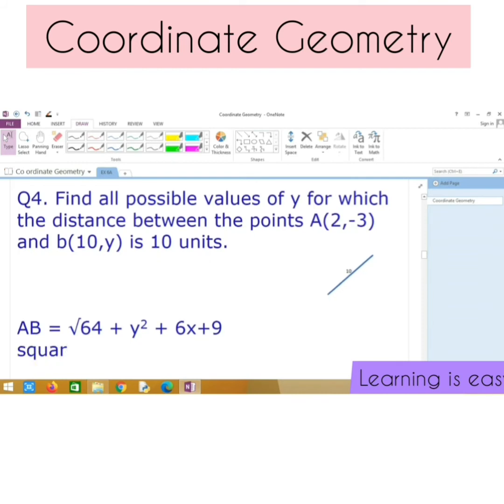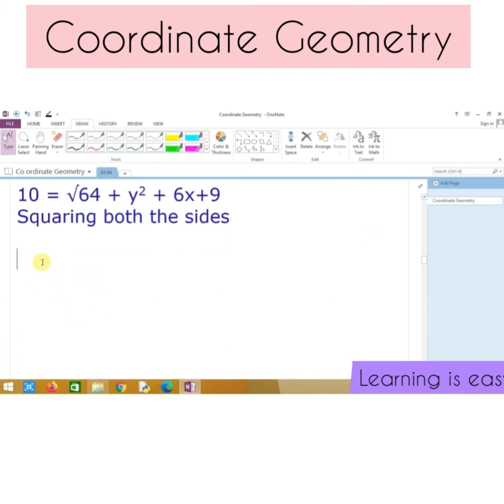Squaring both the sides, we already know the distance, which is mentioned in the question. So 10 squared is going to be 100. 64 plus 9, all numerals first, 6y plus y square.